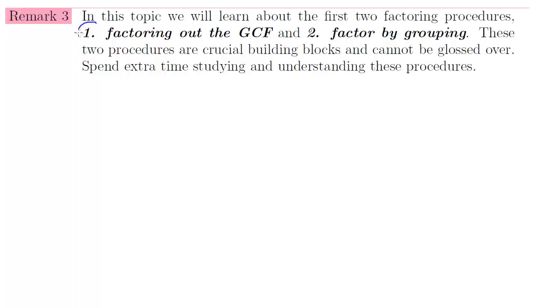Okay, so what we're going to continue on and talk about now are two factoring methods that you can use to help break a polynomial into a product. The first one is called factoring out the GCF. The second one is called factor by grouping. Okay. So we're going to talk about the background for these two procedures, and then we'll outline the procedures, and then we'll do some practice problems.